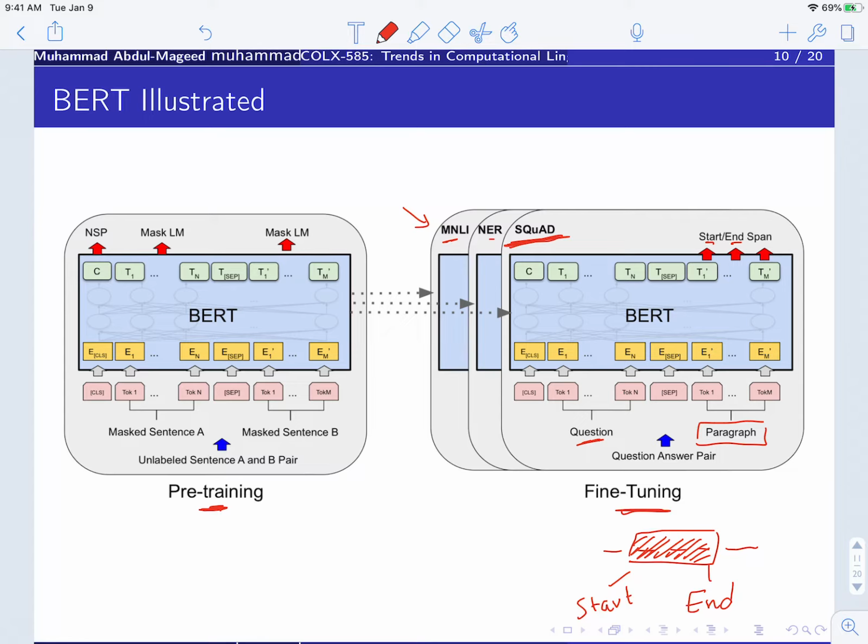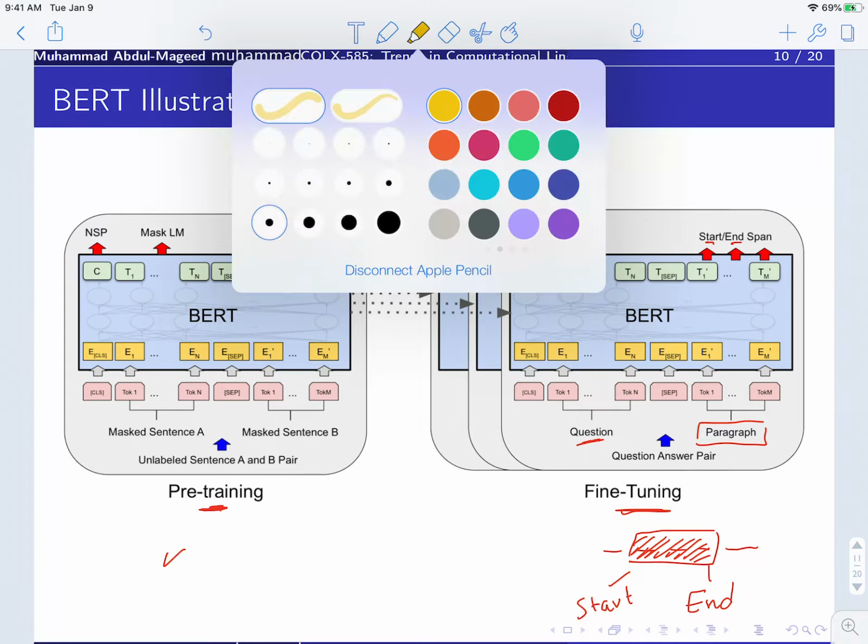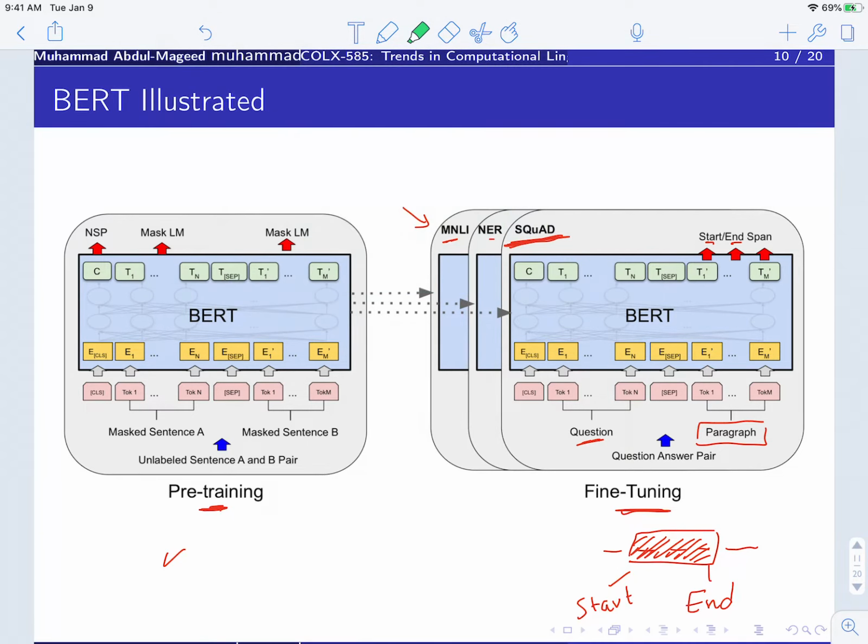Okay. In fact, the idea here is that in the fine-tuning, we have something that's analogous to the pre-training. Once we have pre-trained the model, then really this part is analogous to this part.